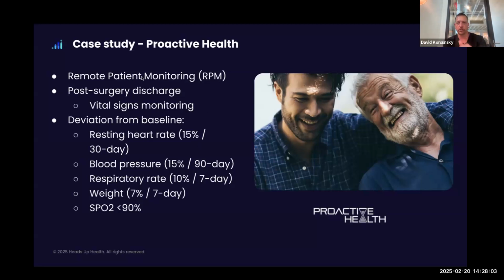This one is actually billing insurance for the remote patient monitoring codes, and this helps them determine, is there a potential infection looming from the surgical procedure? That would be part of the resting heart rate. Is there a potential issue that could be related to heart function, which might indicate a significant increase in weight? That could be water weight, for example.